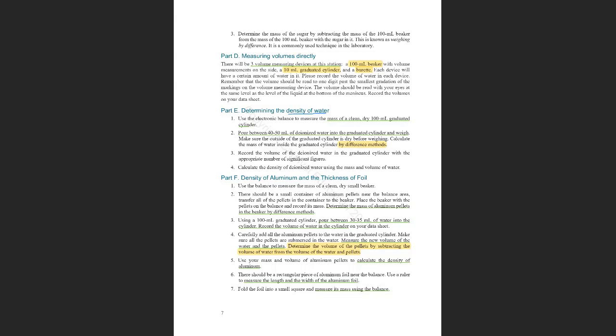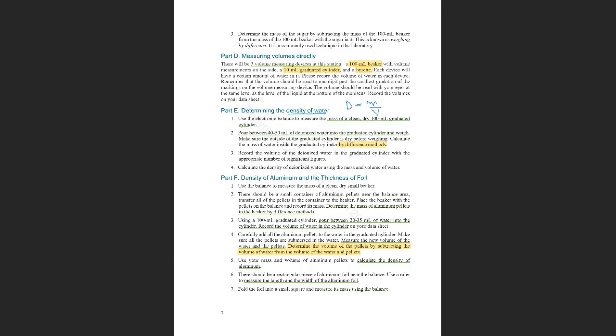So what do we need? We know that density is mass divided by volume. So first, we want to know the mass of the water, and we weigh by difference. It says measure the mass of a clean, dry 100 ml graduated cylinder, and then we add the water and we weigh again, and the difference is the mass of water. And this is called the by difference method.